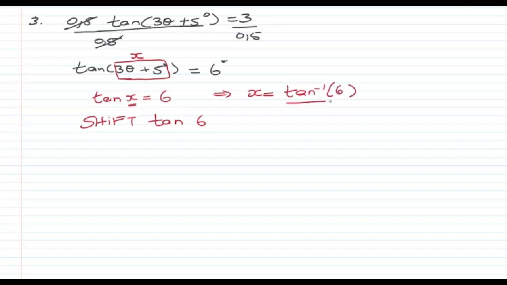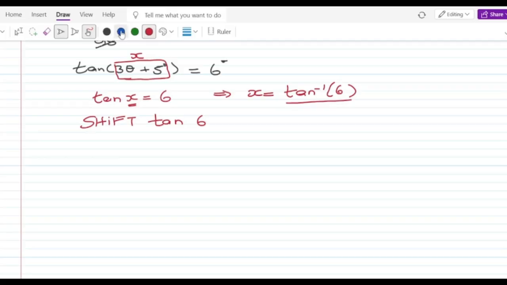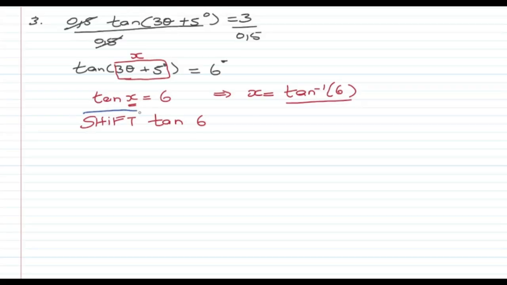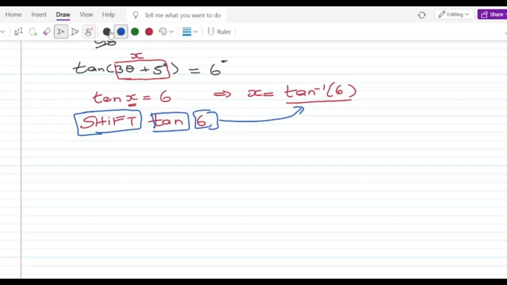So how do we punch this on the calculator? You press shift, then tan, then you put 6. When you punch an equal sign, you'll get the value of x.